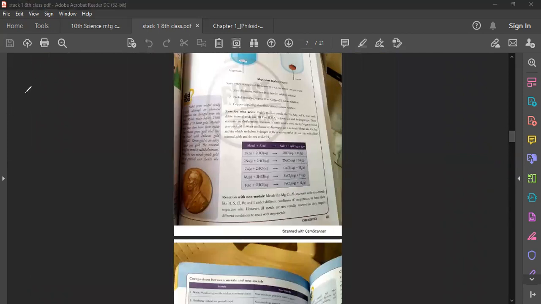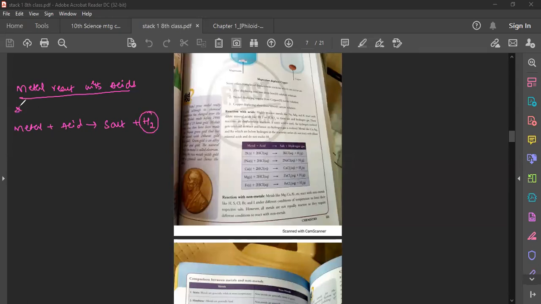So whenever a metal reacts with acids, always it will produce salt plus hydrogen gas. Metal plus acid, what will it produce always? Salt plus hydrogen gas.